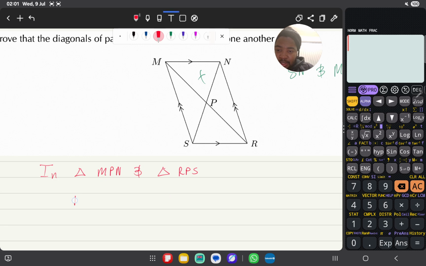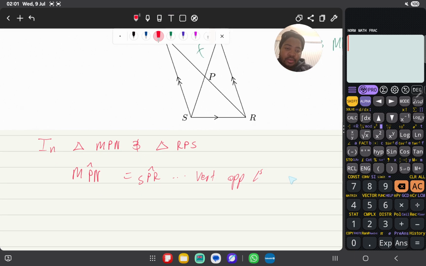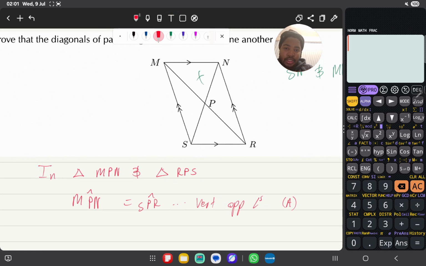We'll say angle MPN equals angle SPR. These are vertically opposite angles. Let's go again.